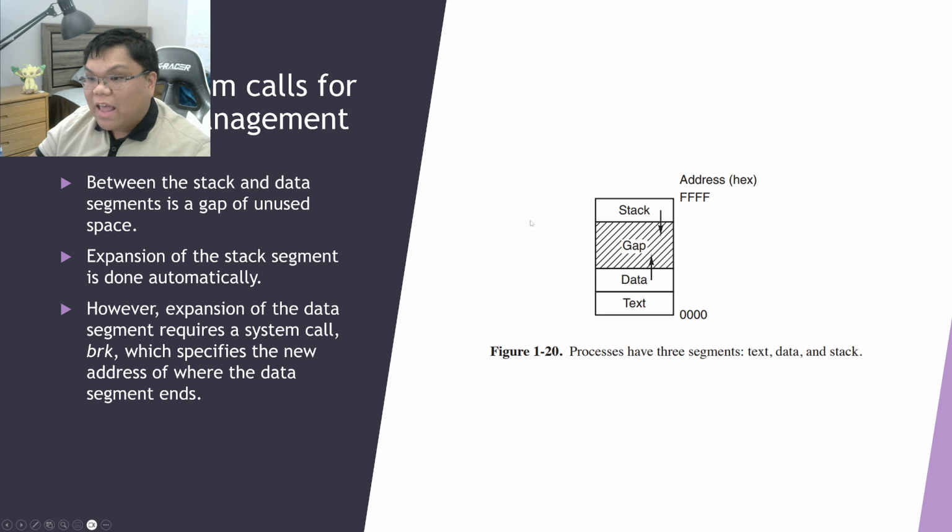Between the stack and the data segments is a gap of unused space. So expansion of the stack segment is done automatically. However, expansion of the data segment requires its own system call, brk, which specifies the new address of where the data segment ends.